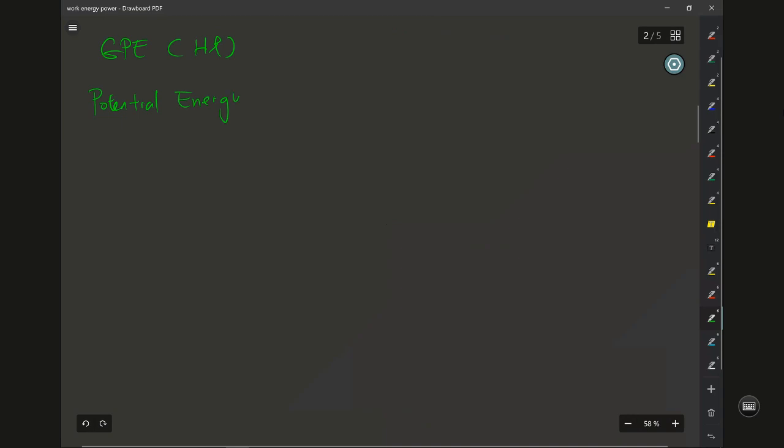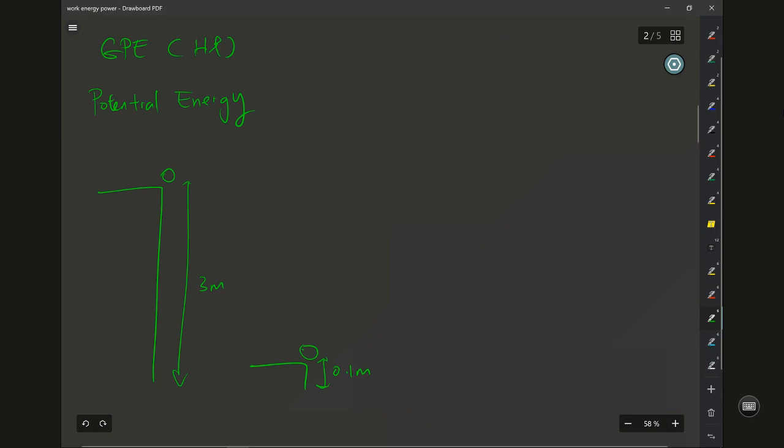So let's say you are going to throw a ball from a certain height, say of 3 meters, versus you are going to throw a ball from a certain height of say 0.1 meter. Now which one will land with a faster speed?